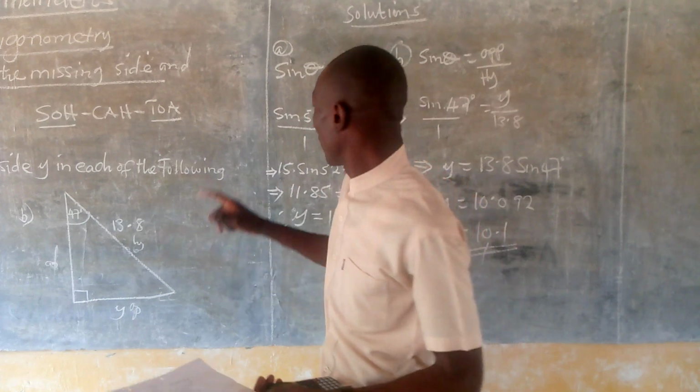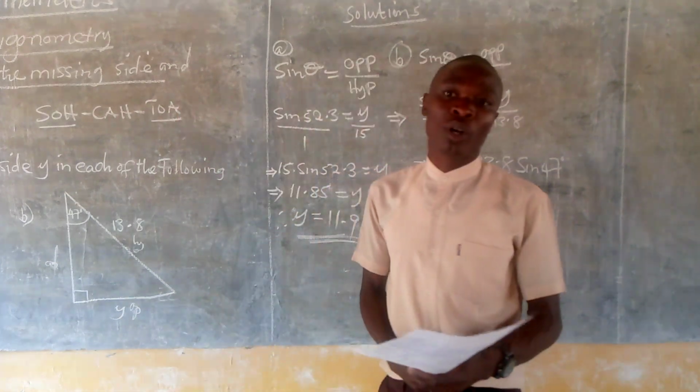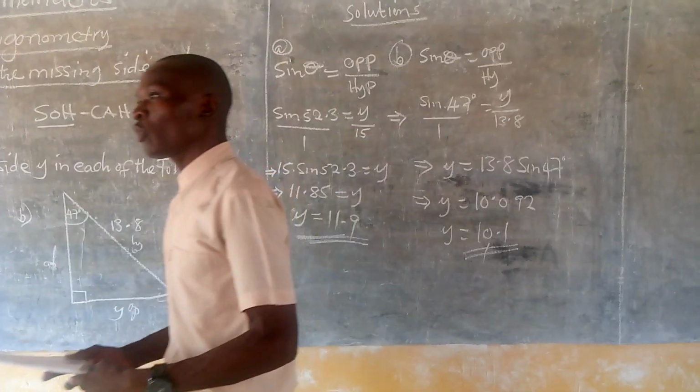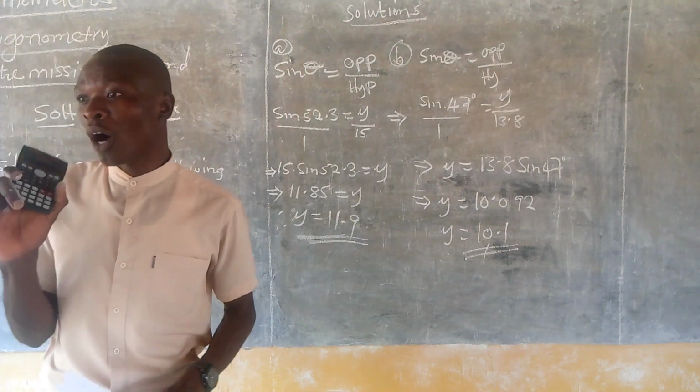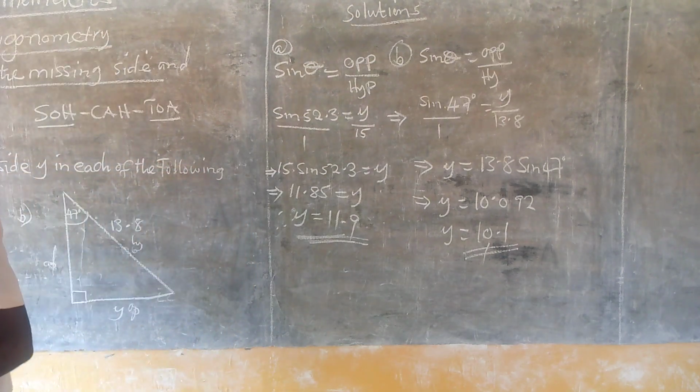That will help you know which ratio you're going to use. These questions usually come in paper 2, so you need to use a calculator. This calculator has sine buttons, and you need to know how to use them. Thank you.